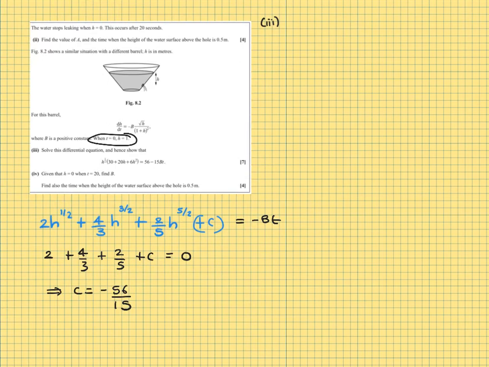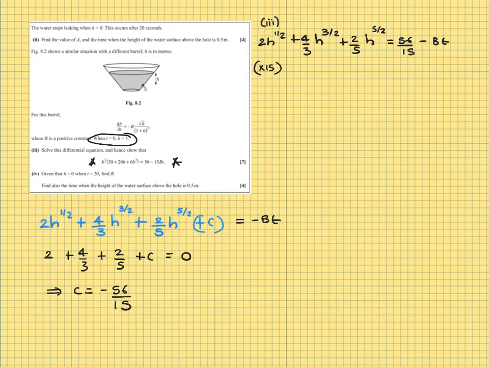So this then gives us the result that we have 2h to the half plus 4/3 h to the 3 over 2 plus 2/5 h to the 5 over 2 equals 56 over 15 minus bt. So I'll move the constant over to the right-hand side. So the last step of this is to multiply both sides by 15. As you can see, we're aiming to get to this result over here.